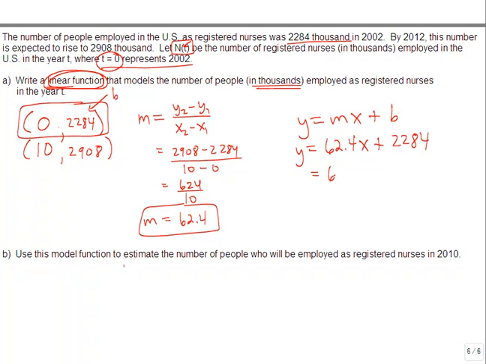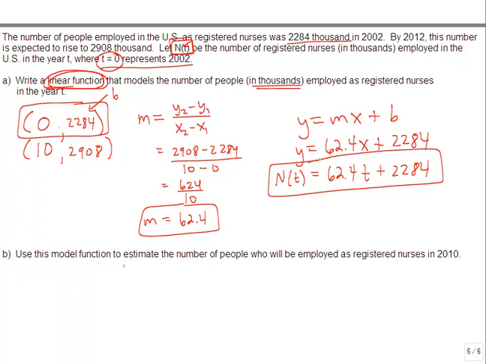So we're going to change this x to a t. And normally when we write things as functions, we swap out y with an f of x. This time they don't want us to use f of x, they want us to use n of t. So I'm just going to swap out that y with n of t. So here's my linear function that will predict the number of registered nurses in any year after 2002.